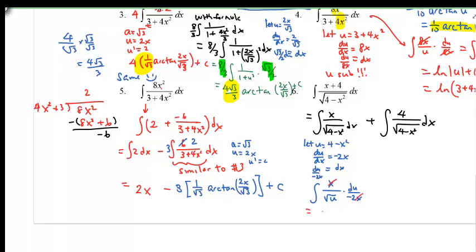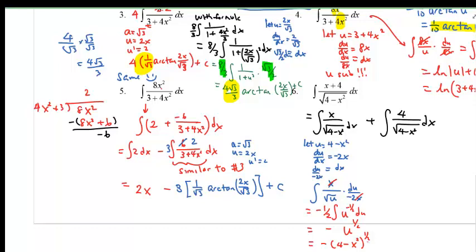Goodbye, goodbye. Negative 1 over 2 times the antiderivative of u to the negative 1/2 du. And that just gives us u to the power of 1/2 divided by 1/2, so just negative root u. Which of course equals negative 4 minus x squared to the power of 1/2. And that's the integral on the left.